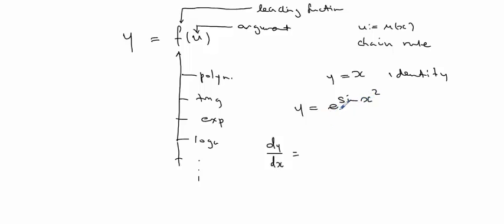So the argument of the exponential function e is e. So it's going to be e, retaining the argument. But that doesn't end there. You must multiply by the derivative of the argument. In this case, you must multiply by the derivative of sine x squared with respect to x.